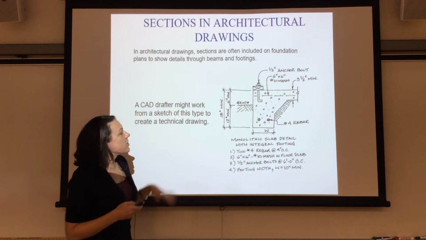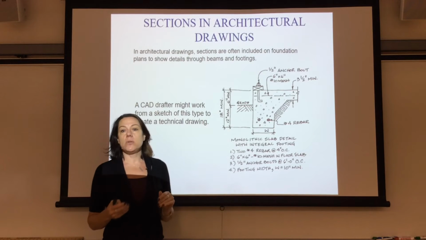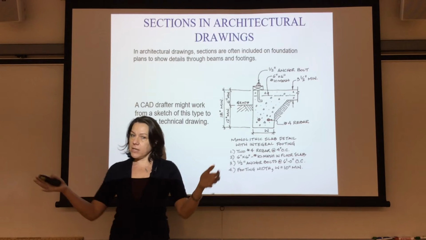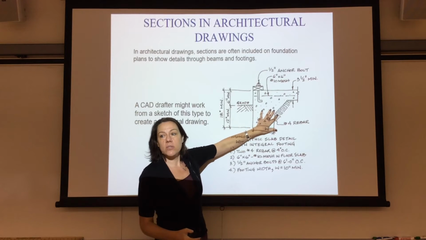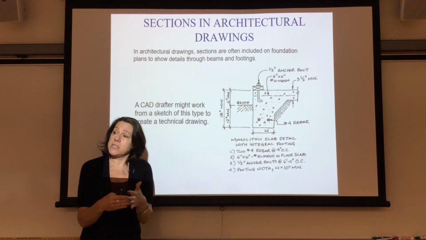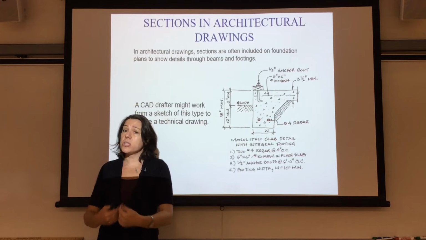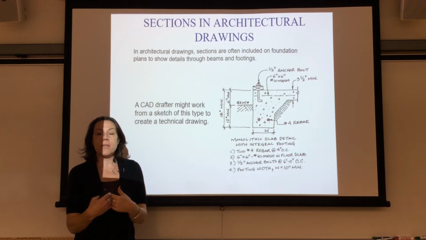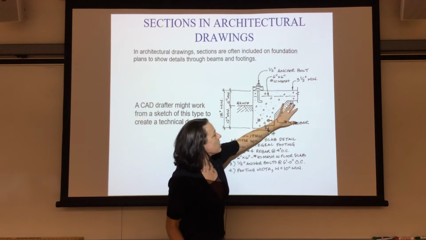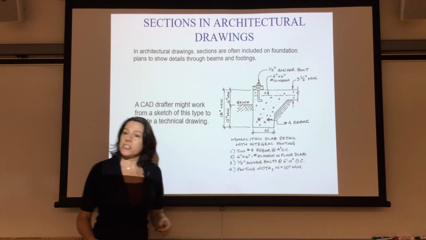All right? So we also have section views in architectural. For the guys and ladies that are going to the architectural drawings, we have section views like an elevation view is a section view. We know what the inside of the house looks like. This is a foundation, so I need to know what the foundation looks like. Okay? So I can see how it turns at an angle. And here's the other thing.